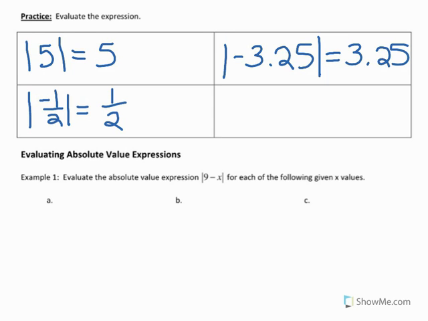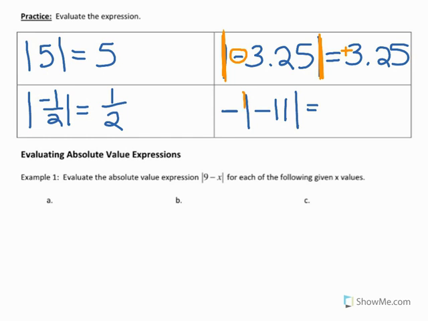Now, in order to remember this, I always like to think of this as a car wash. Our car is going in with a negative, so it's dirty, and it comes out clean as a positive. So let's take one more look at another example. What if we have the negative absolute value of negative 11?